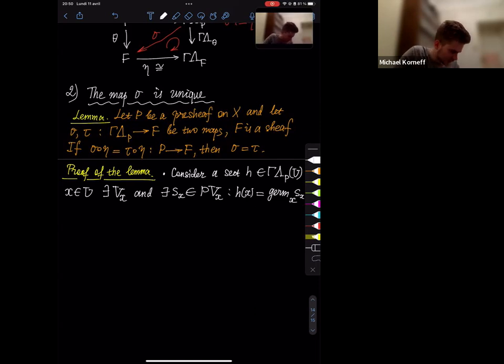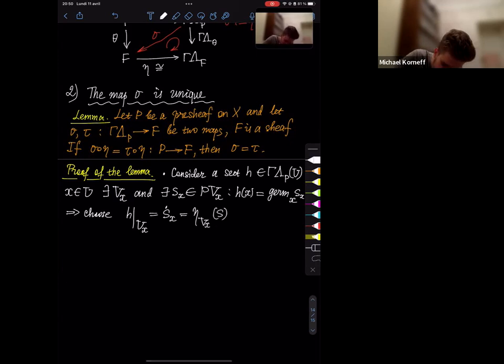Then choose these open neighborhoods so small, if needed, that the following holds: H restricted to Vx equals Sx equals eta Vx of S. But this is by definition of eta.